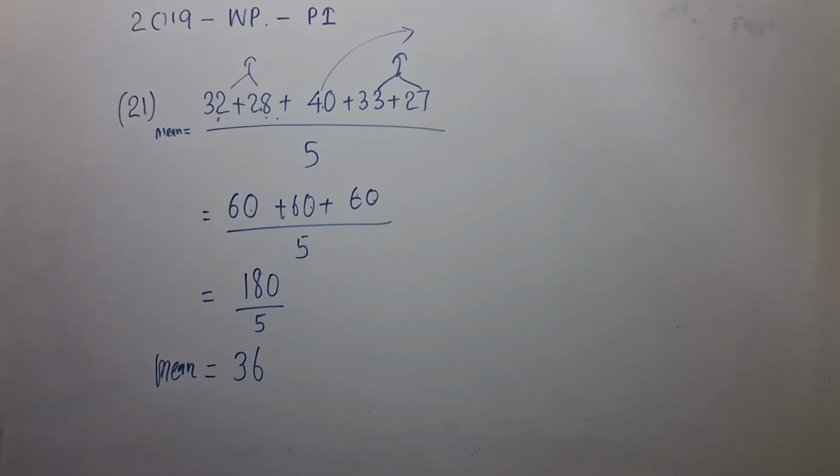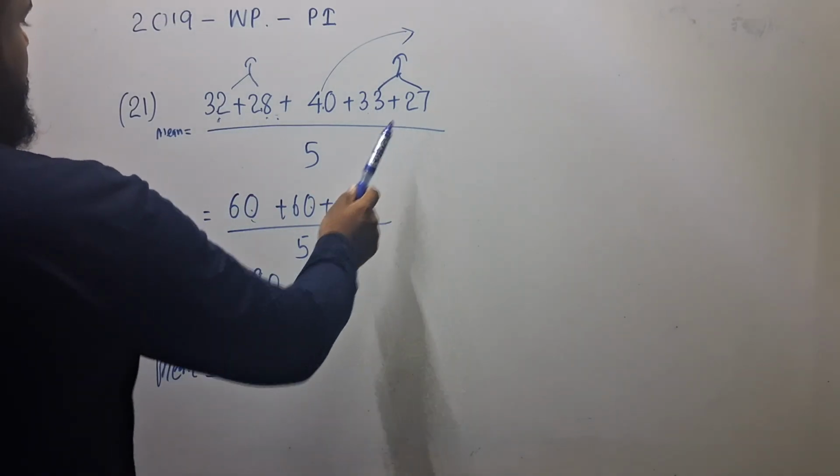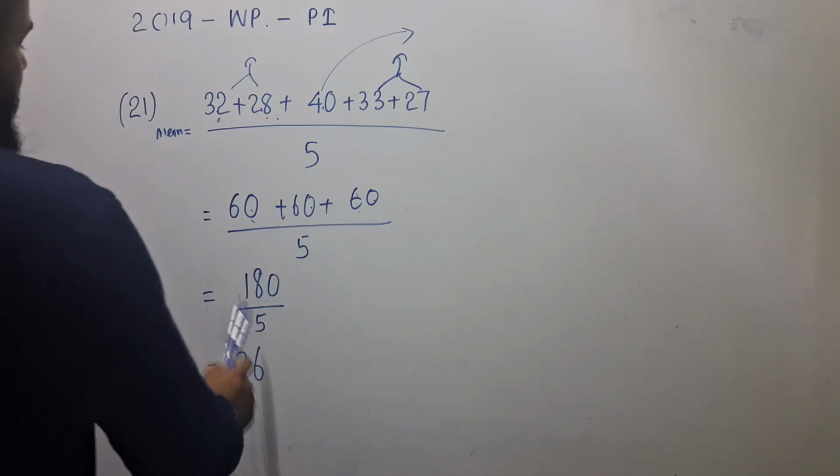How is that possible? 32 plus 28 is 60. 33 plus 27 is 60. 180 divided by 5 is 36.